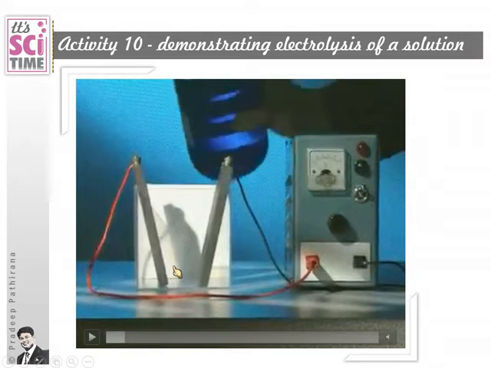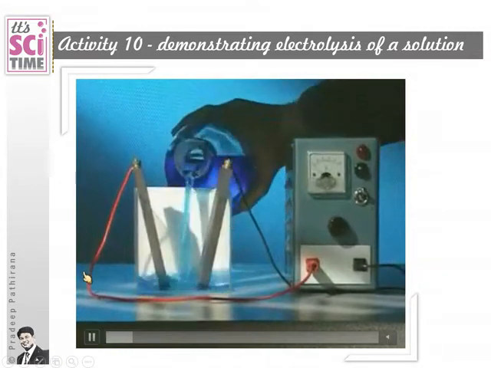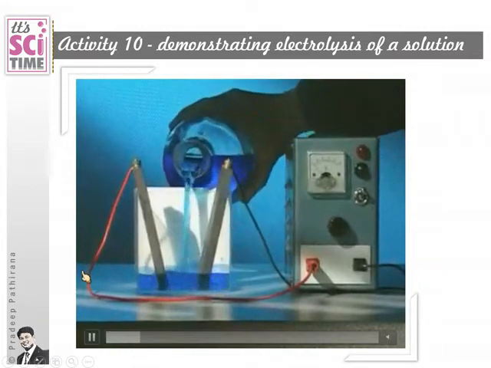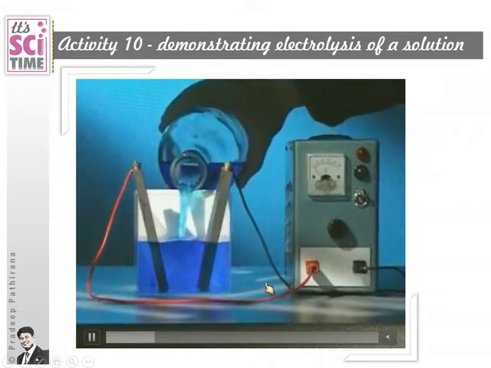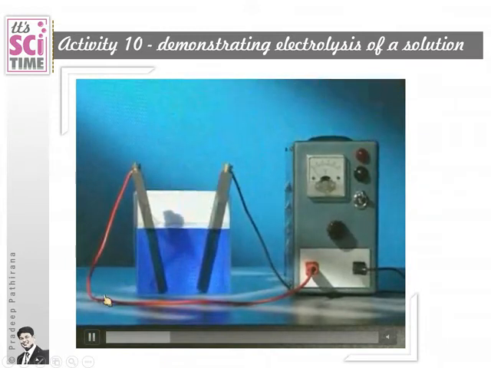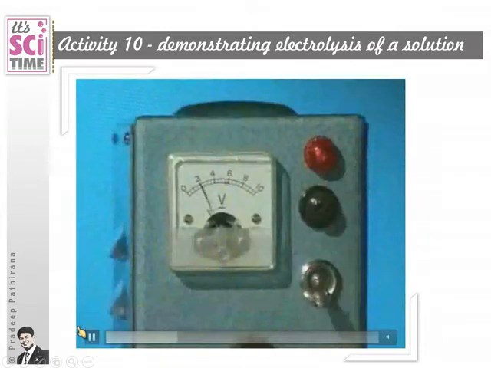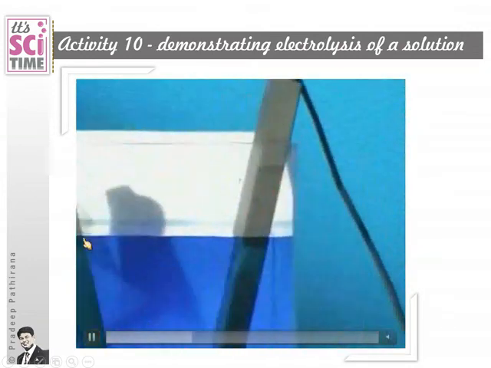They are carbon electrodes, and positive supply is given to one carbon electrode and negative supply to this one. And we pour the liquid in. Our solution here is copper sulfate solution. Thereafter we switch on the power supply and the process goes on.